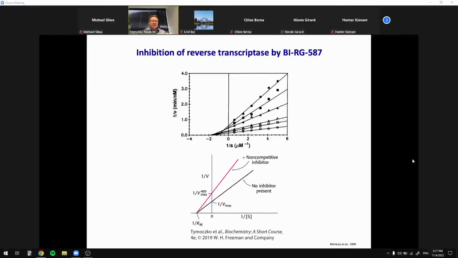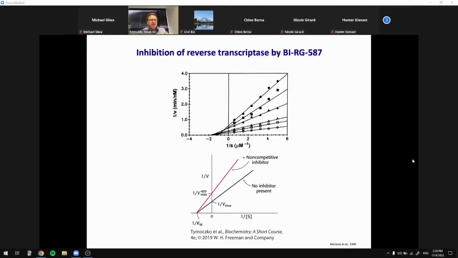And so they did these reactions we talked about, right? They did the kinetics. And as they added the inhibitor, what they saw was a change in the Vmax, but not a change in the Km. And so this told them that what they had was a non-competitive inhibitor.